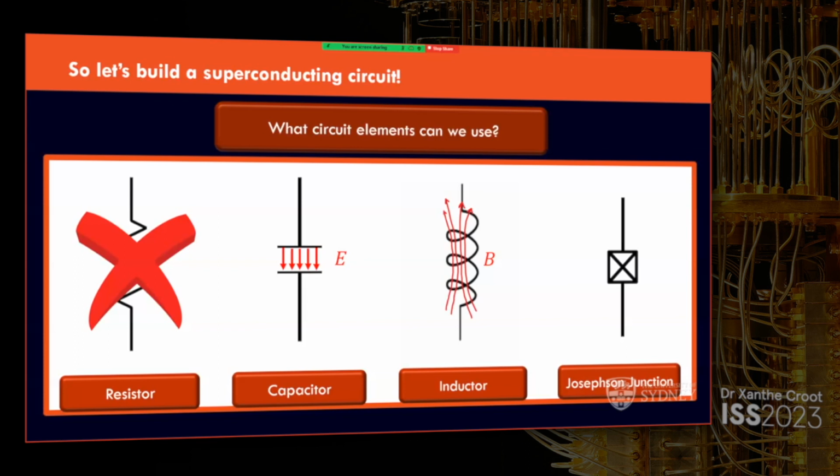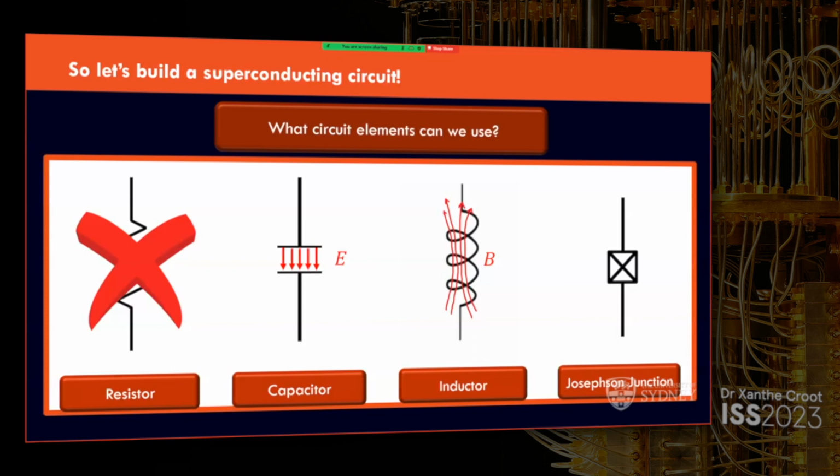I just want to tell you about it now so that you're not upset when I show it later, and that's a Josephson junction. Now, a Josephson junction is a circuit element that you cannot get in a normal electrical circuit. You must have a superconducting circuit to get this circuit element. It is a really special type of inductor, but I will talk more about the Josephson junction when we encounter it in a few slides.